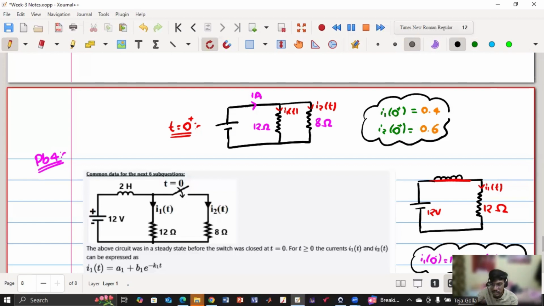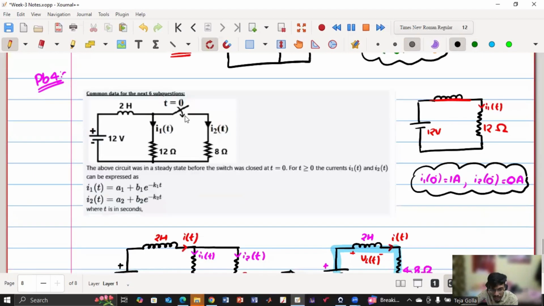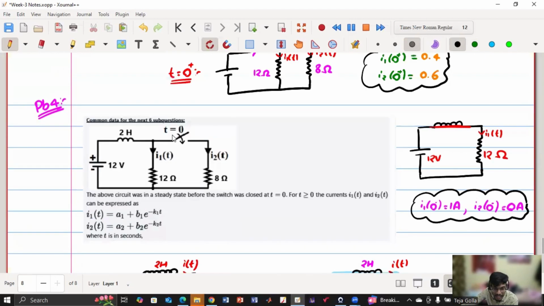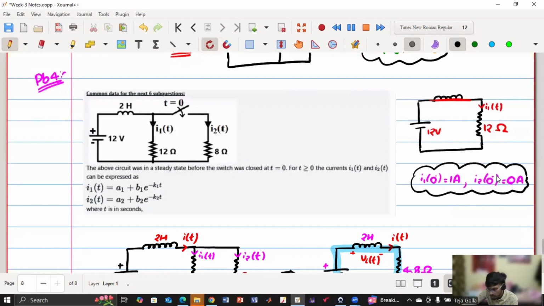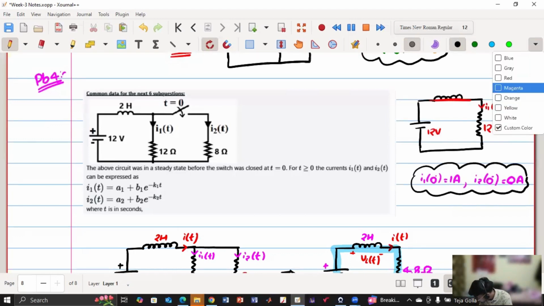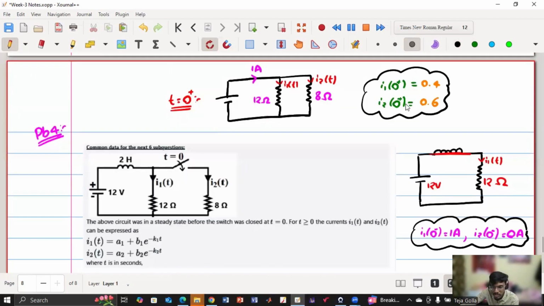So now if you see, before connecting the switch, it has zero current, but just after connecting it, the current changed from 0 to 0.6. So this is 0 minus. You have to be very careful. This is 0 minus. And then this is 0 plus. So before closing the switch, the current is 0.